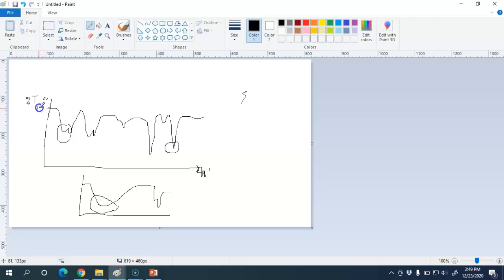Let me draw here, 80. Sorry, I just use Paint. So if you have 80% at this peak, it means that 20% of the energy was absorbed, and the remaining 80% was transmitted through the sample.